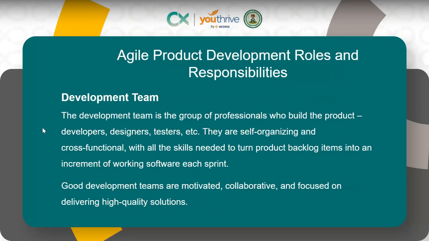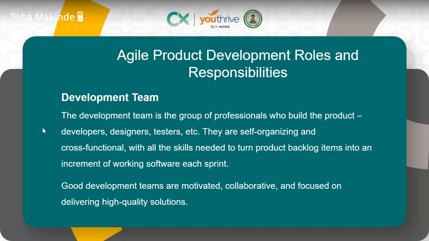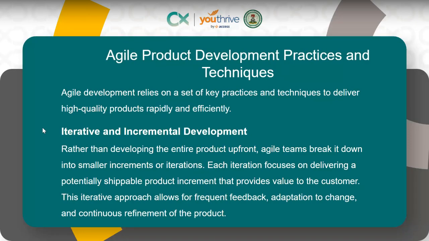Okay. So that's for the roles and the responsibilities. So what are the practices and techniques that we have in the agile process of product development? I wrote here that agile product development relies on a set of key practices and techniques to deliver high quality products rapidly and efficiently.